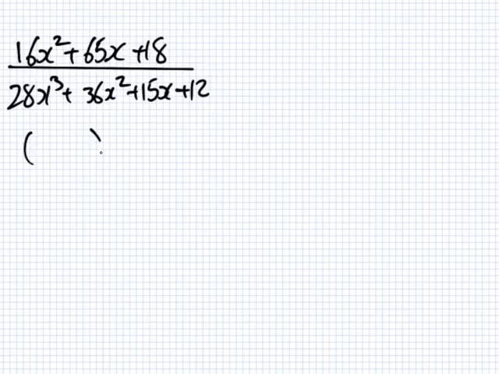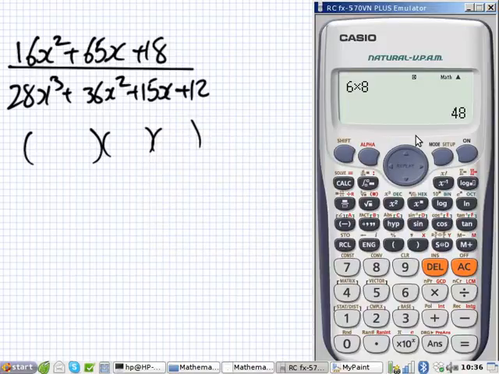Okay, so we should have three factors here. Did I pick the wrong mode? 28, 36, 15, 12.